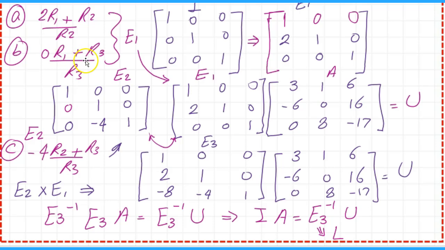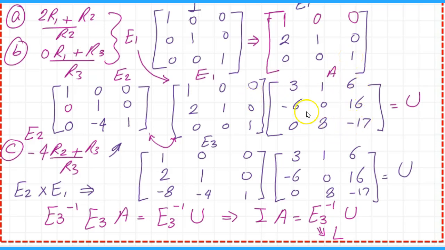Okay. And 0 R1 plus R3, put it in R3, will not change anything in the third row. The first row is the same. So this E1 elementary matrix has multiplication of 2 by the first row added to the second row, and multiplication of 0 by the first row added to the third row.